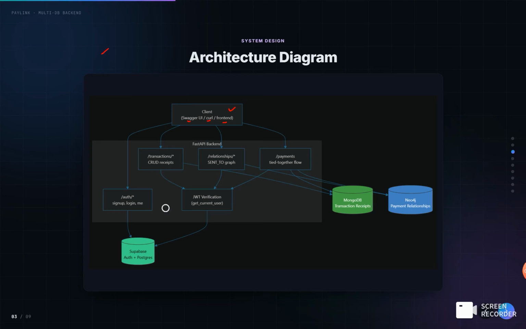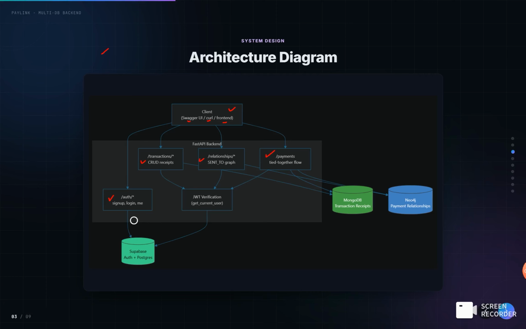It doesn't matter what sends the request, it always lands in the same place: FastAPI. Inside FastAPI, I organize things into four groups of routes: handle login, manage transaction receipts, manage payment relationships, and the special one, handle an actual payment.